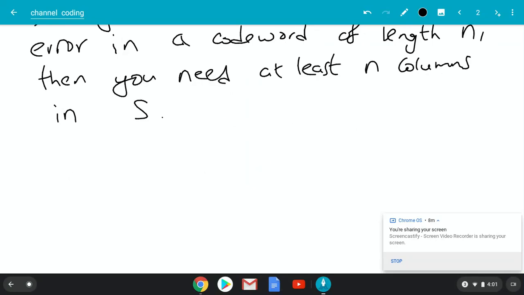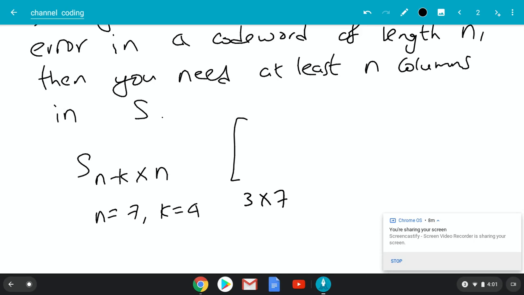So now, if S is n minus k cross n, the number of rows in S is n minus k, right? So let's say n is equal to 7 and k is equal to 4, then S is 3 cross 7.